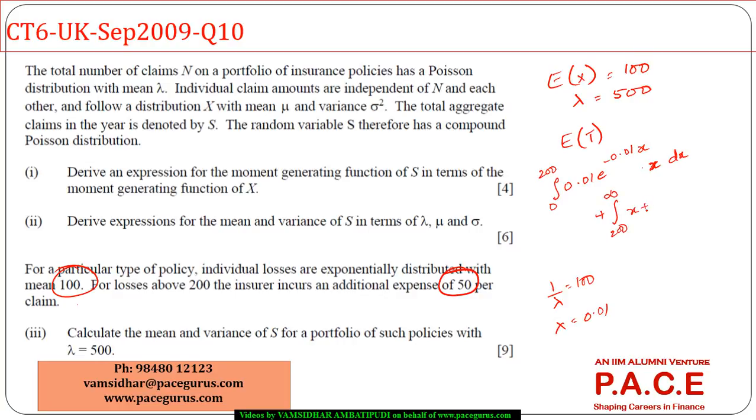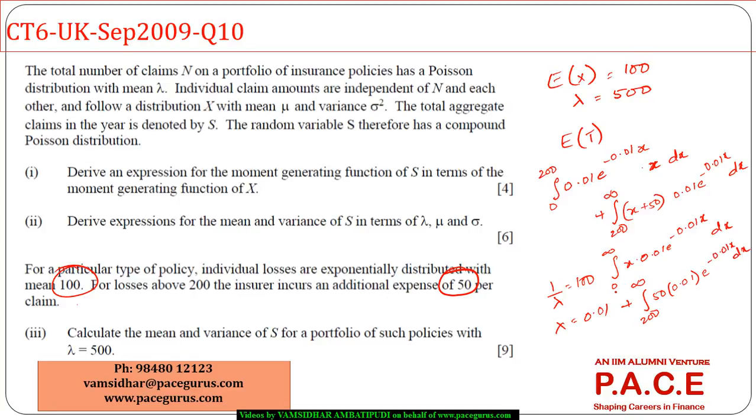It is nothing but x plus 50 times 0.01 e to the power of minus 0.01 x dx. So I could use this as the integral from 0 to infinity of x times 0.01 e to the power of minus 0.01 x dx, plus the integral from 200 to infinity of 50 times 0.01 e to the power of minus 0.01 x dx.